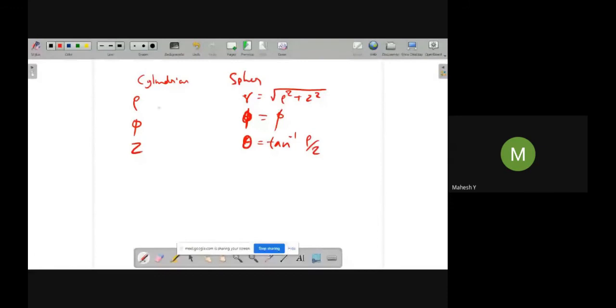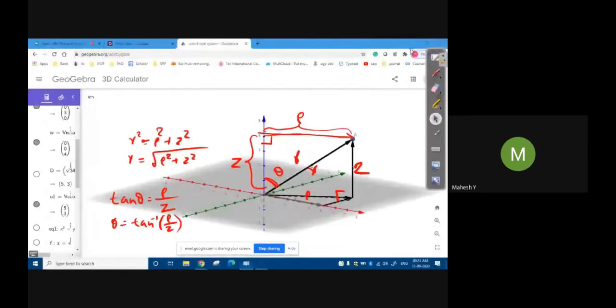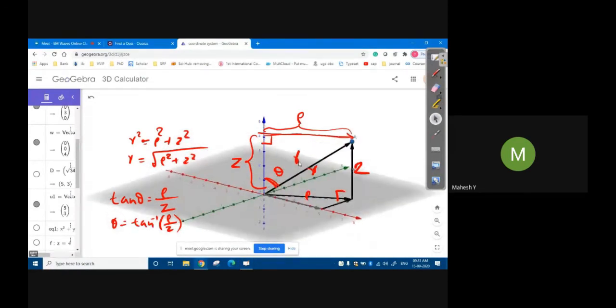Now we have to find rho in terms of R, phi and Z. One of the parameters remains the same. This is that phi. Now tell me what is rho in terms of R and theta. This length is R, this angle is theta.